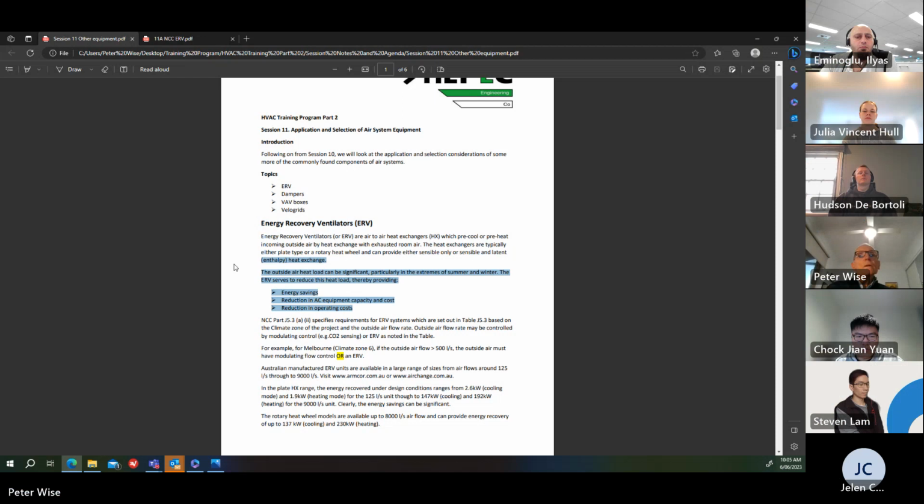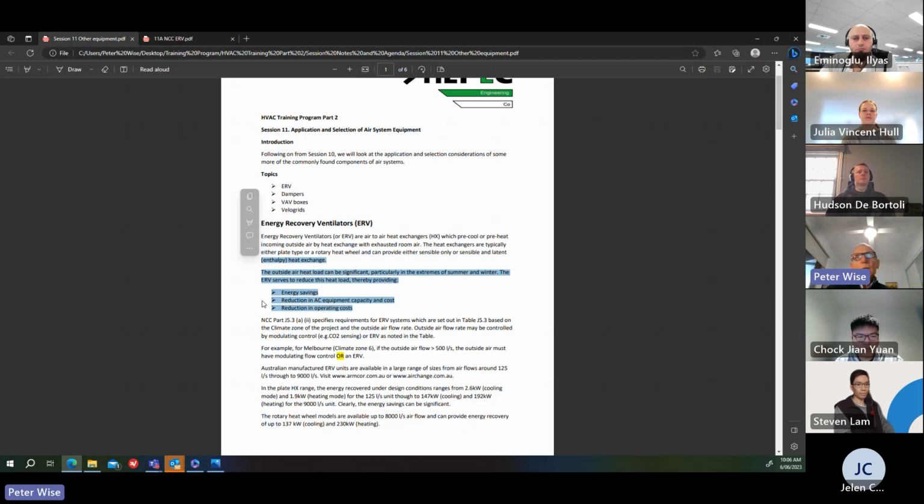The outside air load, as you know, can be quite significant, particularly in summer and winter. So the ERV serves to reduce the load and provides energy savings, and a potential reduction in the air conditioning equipment capacity and cost.